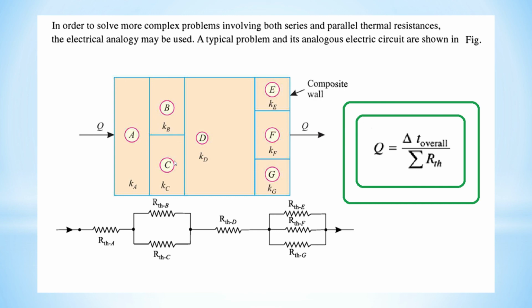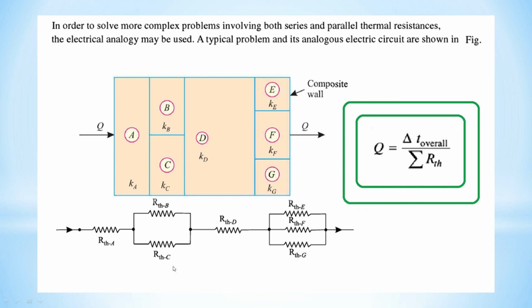So we have to find the equivalent resistance for this particular slab. Both are in parallel connection. So we will find the resistance of half slab B and the remaining half slab C, and both slabs are in parallel connection, so their resistances are also in parallel.